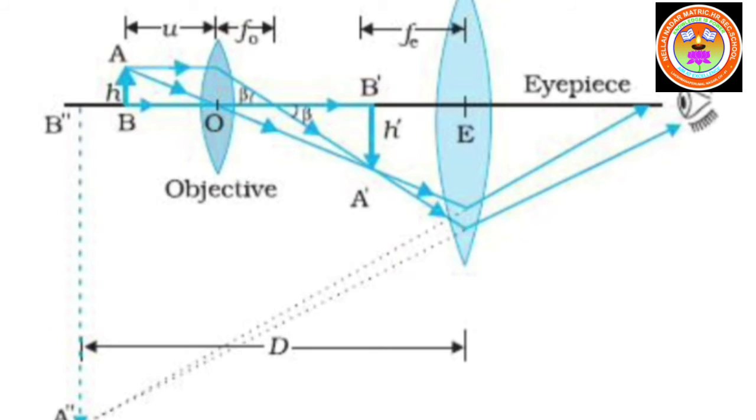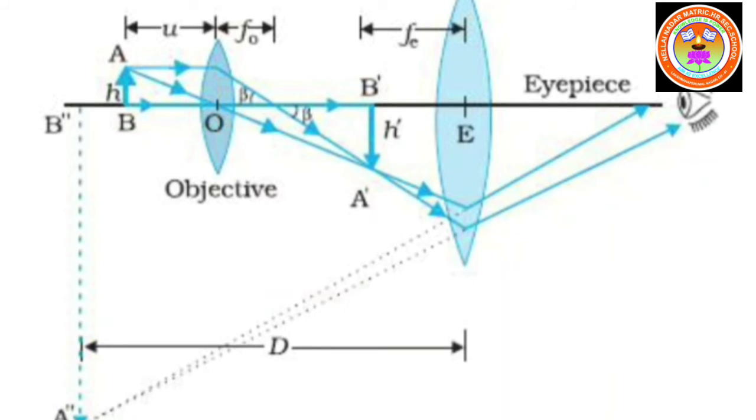A real, inverted and magnified image A dash B dash is formed on the other side of the objective lens, between the two lenses. This image A dash B dash behaves as the object for the eye lens.